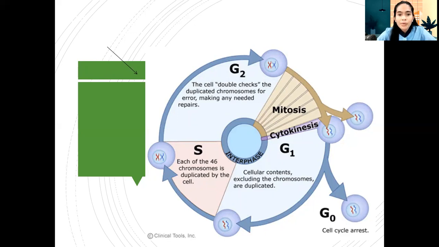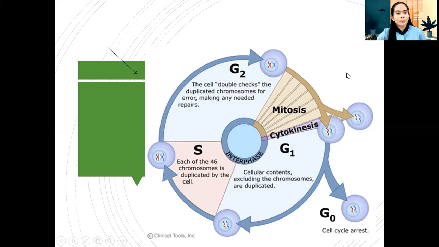Why? Because our cells or our body can make damage all the time. Actually, our body is not perfect. It can create a lot of damage all the time. However, it's very important that our body double checks the chromosomes, to prevent mutation, so that we don't end up with Turner syndrome, cri du chat, and so on and so forth. There are many syndromes actually. I hope you understood my point. So that's gap 2.